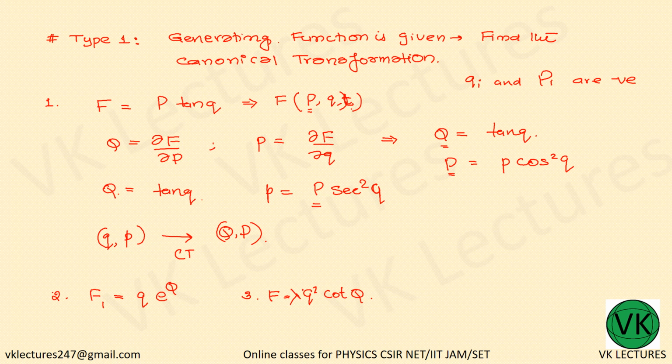And the fourth question, f is equal to minus half capital Q squared tan 2 small p. So this is what is given.